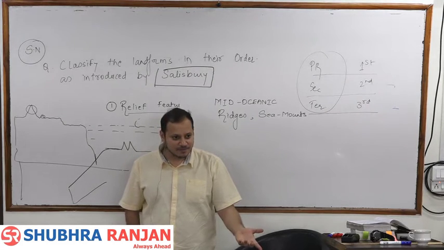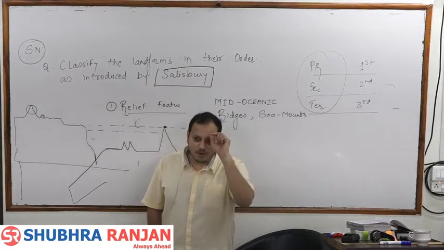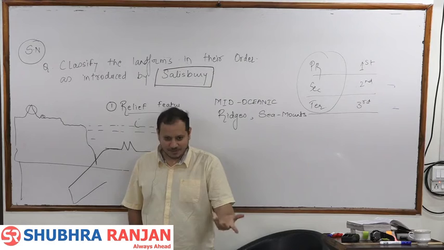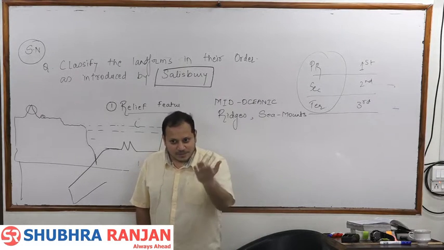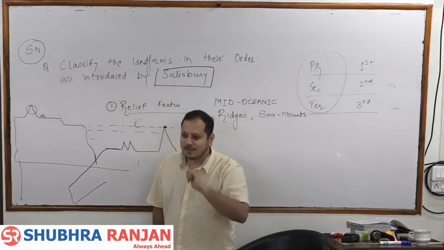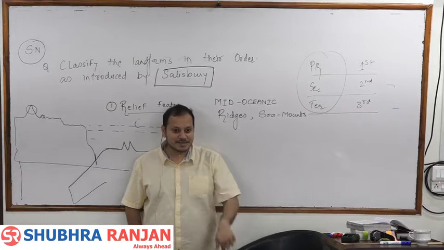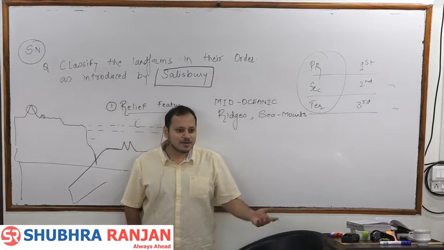Earth, endogenetic. Earthquake, endogenetic. So can I conclude that all the second order relief features will be formed due to endogenetic activities? Right? Whether it is mountains, plateaus or plains. Now, is the Great Plains endogenetic or exogenetic? Great Plains, where we are. Exogenetic. So how can we conclude?